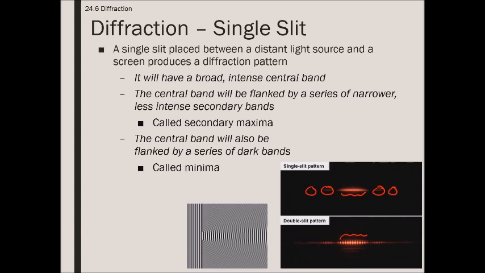And what we'll find is that it's easier to measure where these dark areas are. So single slit diffraction equations are more focused on the dark areas than the bright areas, whereas for double slit diffraction, it was pretty easy to get the center of those bright areas. Again, these are called maxima, and the dark areas are called minima.